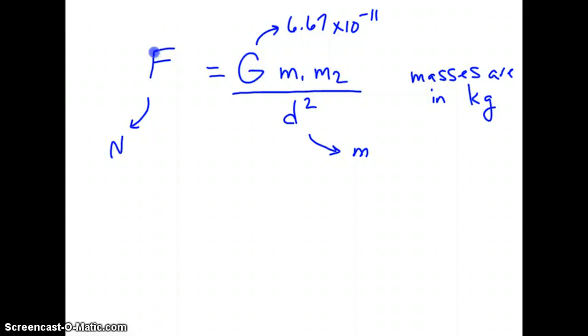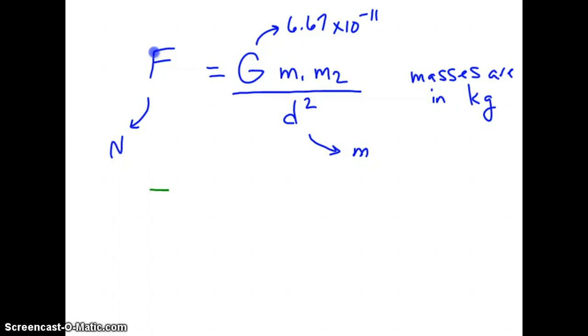There are a couple of things that you can tell simply by looking at the equation here. For example, if either mass 1 or mass 2 were larger, if we substituted larger numbers in the formula for either of these masses, then the force of gravity would increase.